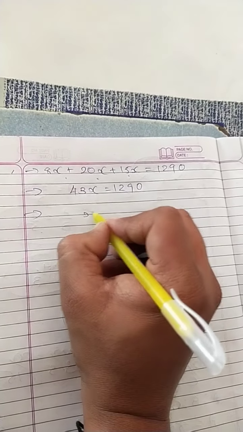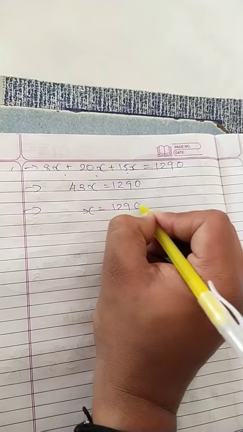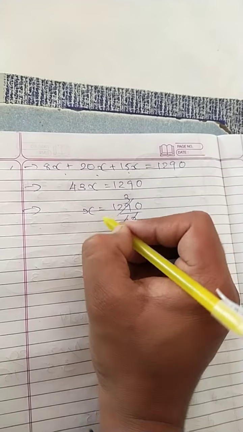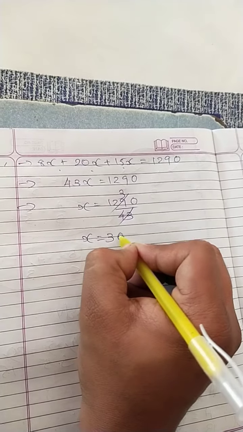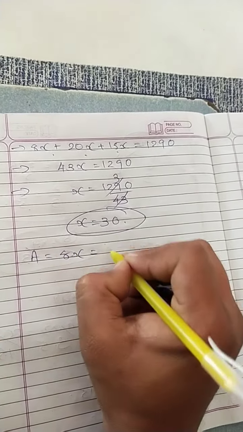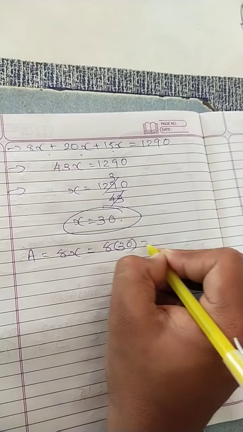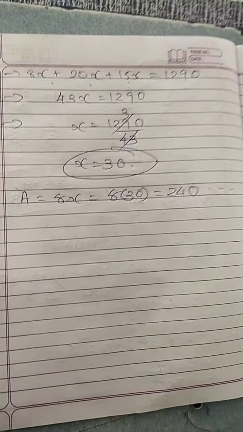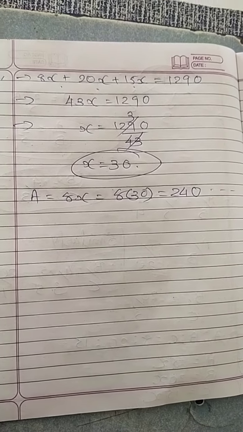Then x is equal to 1290 by 43. As we know, 43 3s are 129. Then x is equal to 30. Then the share of A will be 8x, which is 8 into 30, which is 240. Similarly, we can find the shares of B and C separately.